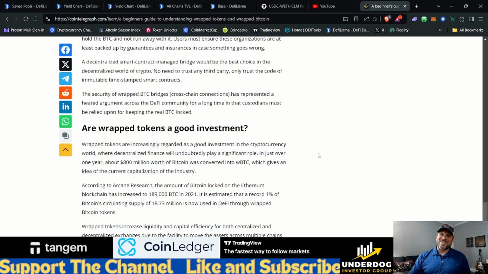So when you want to buy and sell your wrapped tokens, you don't have too much slippage with your trades. Now, if you don't know, slippage is when the price you think you can sell it for is going to be different than what the actual swap occurred for, right? And slippage can vary depending on what kind of transaction you're doing.